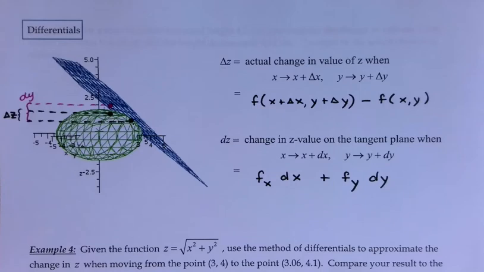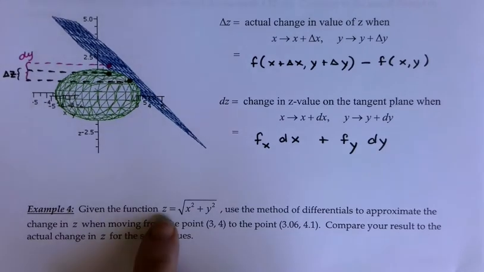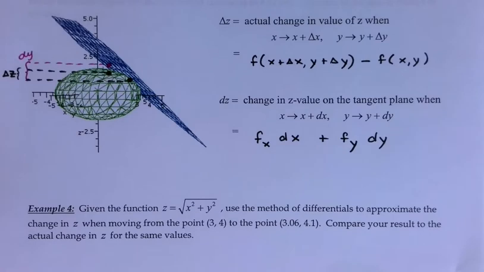All right, let's take a look at, actually it should be a familiar problem. We've already done a linear approximation. We're now just going to look at it from a different perspective, the perspective of differentials. Let's start with the function z is equal to the square root of x squared plus y squared.